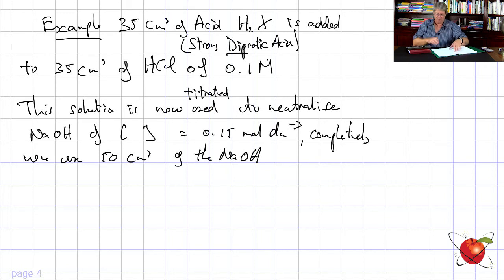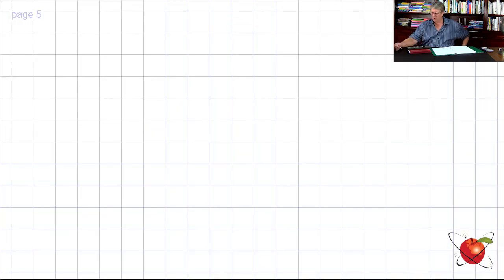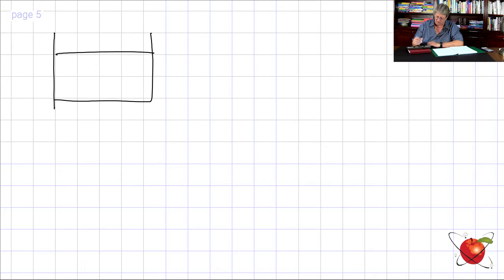Now, the way to look at this, you can see it's all a bit higgledy-piggledy, isn't it? The way to look at it is, let's go through the steps. What did we do first? We said this is my H2X acid. I know the volume of this is 35 centimeters cubed.